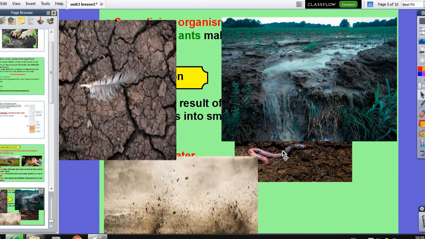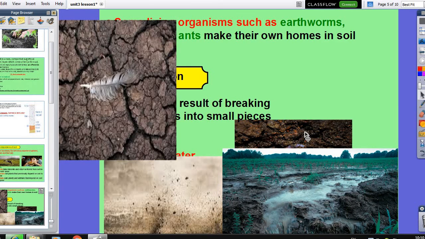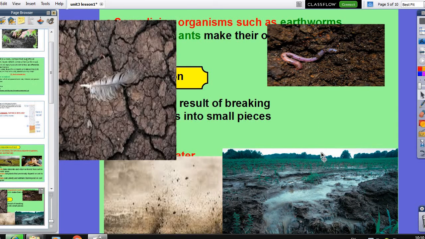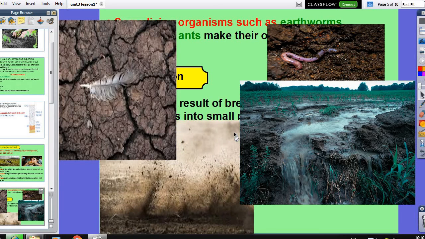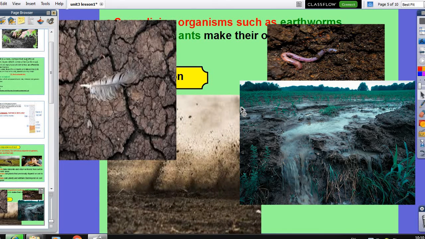Here is a picture of an earthworm. So these are the reasons for soil erosion: change in temperature, wind, and running water. All of these cause soil erosion.